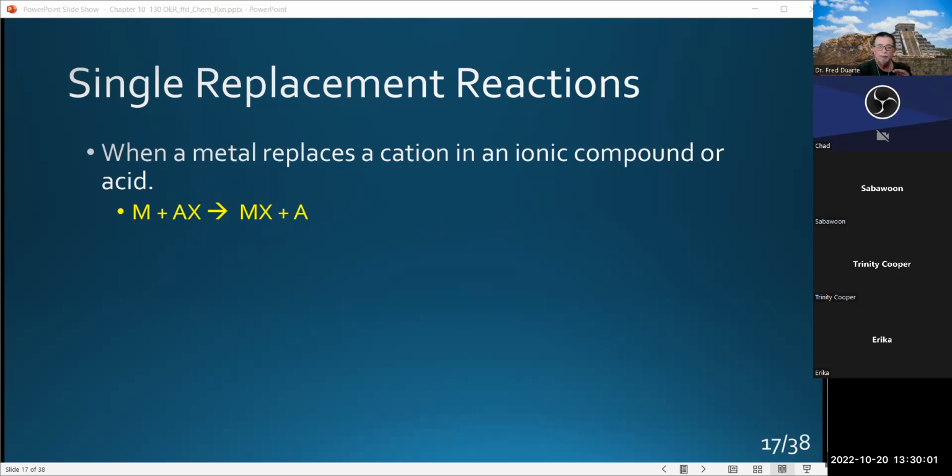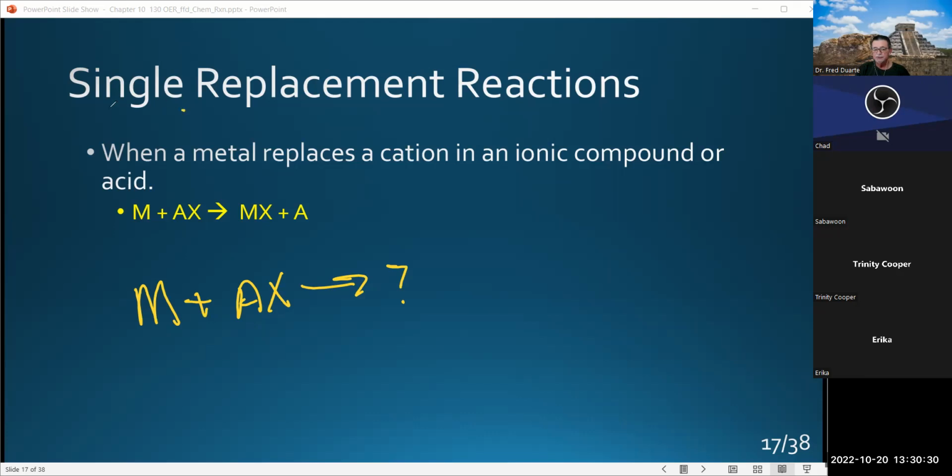And so this is how we predict whether this reaction proceeds, because you could be given the scenario where you just have the general reaction like this. And then the question is, well, will this reaction occur? Well, first of all, recognize that you have a metal all by itself in elemental form, and then you have another metal in ionic form.